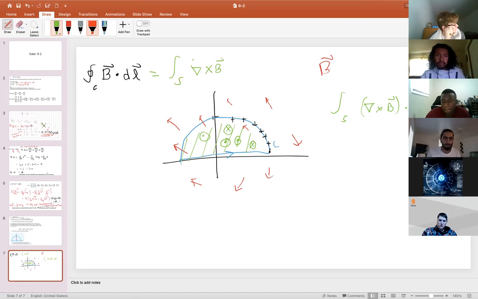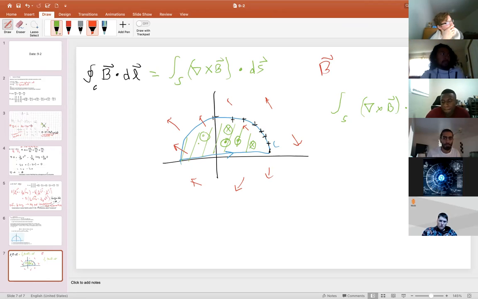And it's going to be equal. So this is a special relationship between the field and how you can add up the field around the perimeter versus how much is going through this surface. And hopefully you can get some kind of impression about why this might be the case.